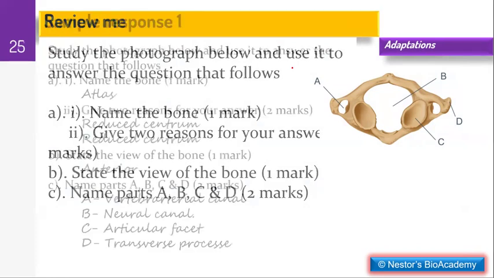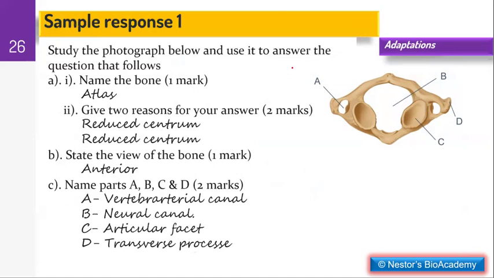So looking at this, a sample response of a candidate could be this. A student identifies this bone as an atlas bone, which is correct. And then, giving 2 reasons for the answer, talks of reduced centrum, correct, because this is repeated.